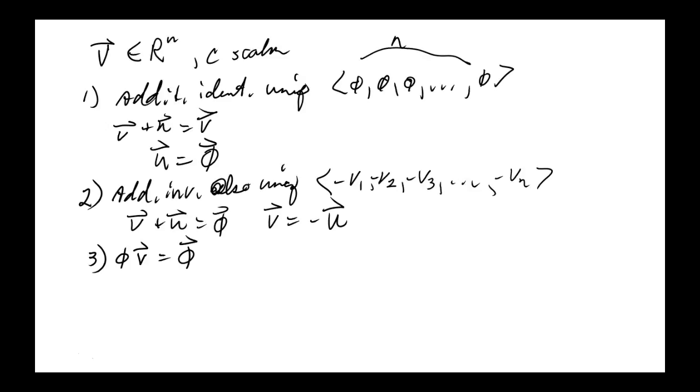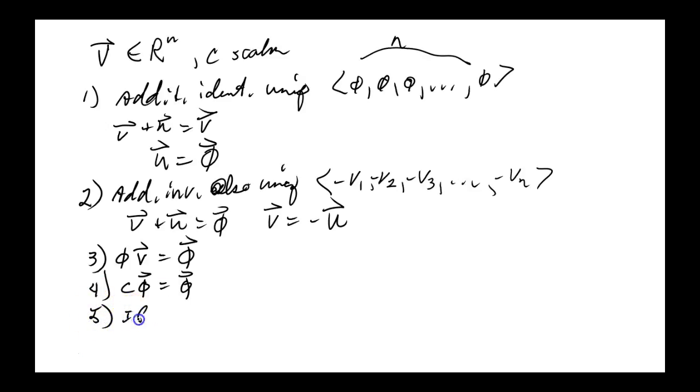Four, going the other way, multiply any scalar, not necessarily 0, by the zero vector, and you get the zero vector, because c times 0 in every entry is all zeros.